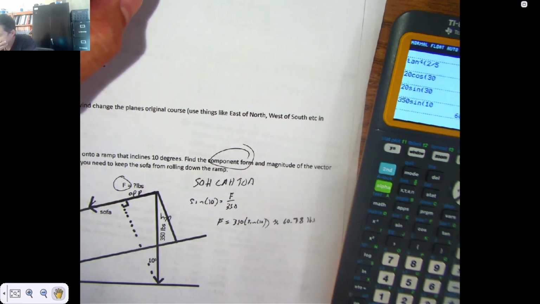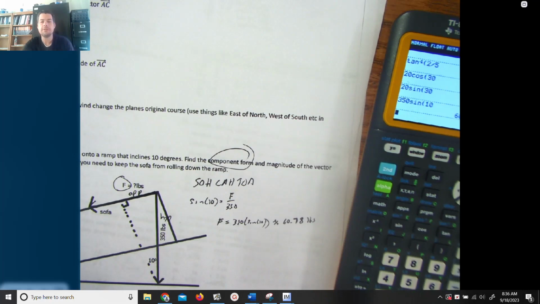Now, they actually want the component form, don't they? What you found is there's 60.78 pounds coming back towards you. That's what you found. Pause this real quick.